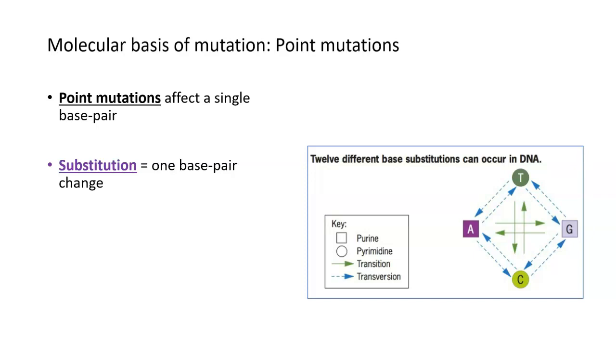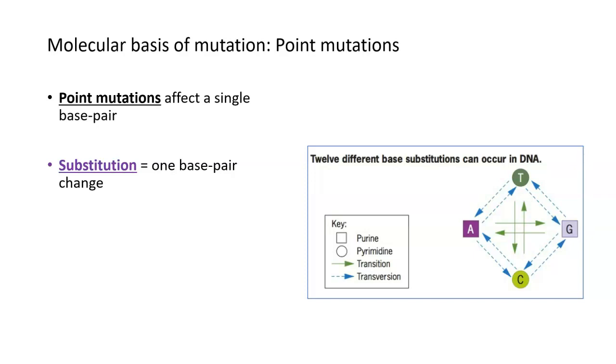A mutation, as I discussed in the previous lecture, is just any inherited change to the DNA. And a point mutation is a change where only one single base pair or one single nucleotide is affected. Point means one point. One single base pair is changed.